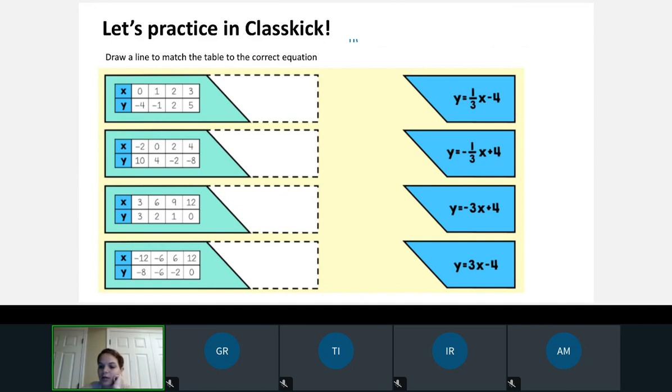All right, so let's read the directions here and we'll talk about how do we solve this? How do we know what to do? So draw a line to match the table to the correct equation.